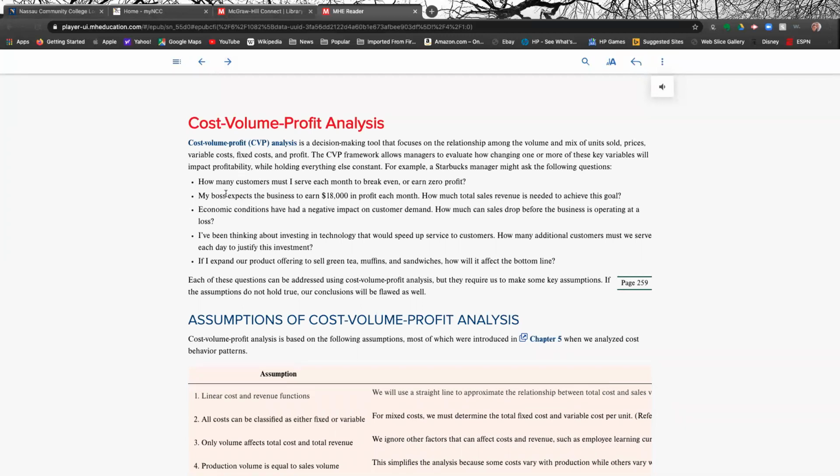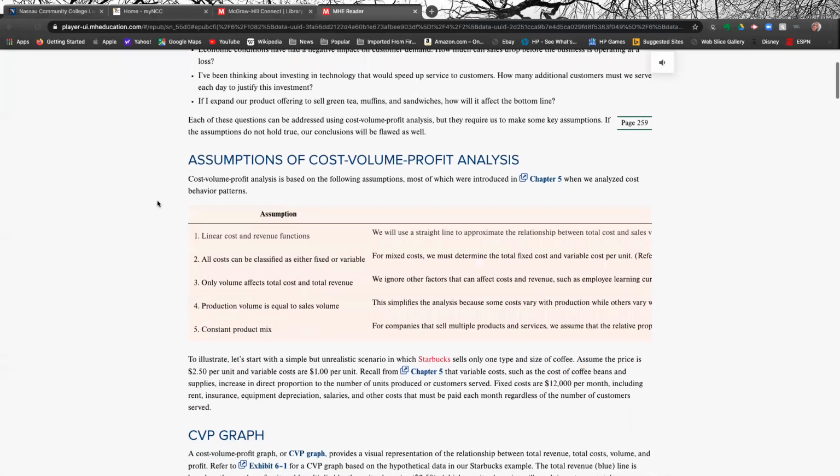Okay, so cost volume profit analysis helps us determine the volume of business that we need in order to break even or achieve a targeted profit or to hit that margin of safety. How many customers do I need? What's the dollar amount in sales that I need, etc.